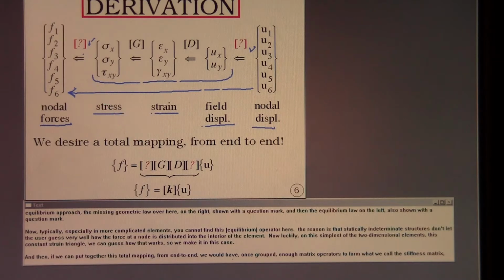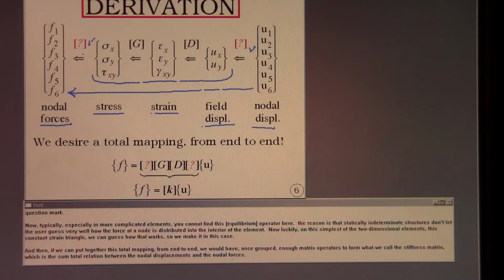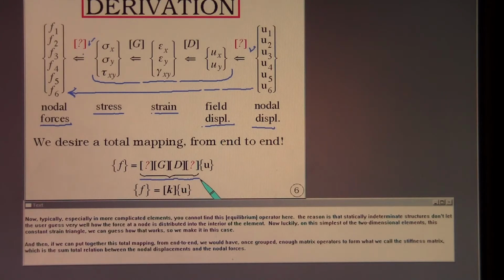So we make it in this case. And then if we can put together this total mapping from end to end, we would have, once grouped, enough matrix operators to form what we call the stiffness matrix, which is the sum total relation between the nodal displacements and the nodal forces.